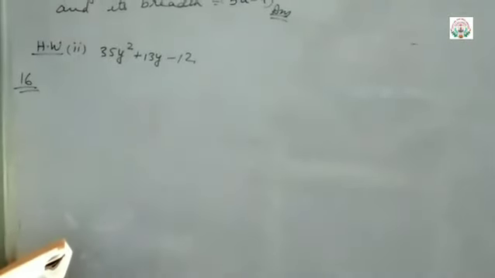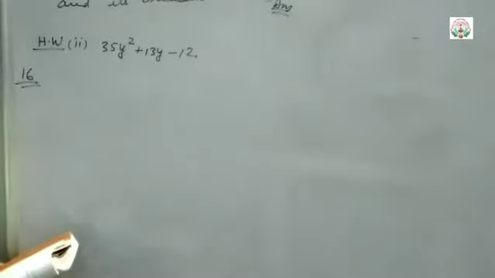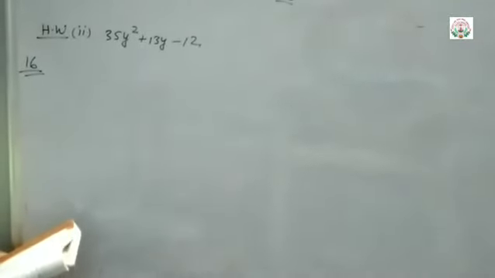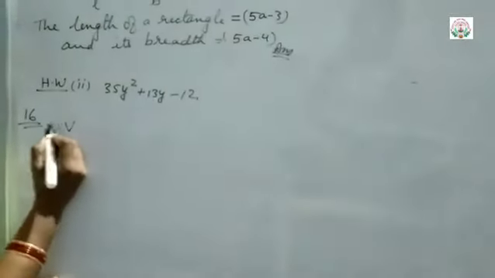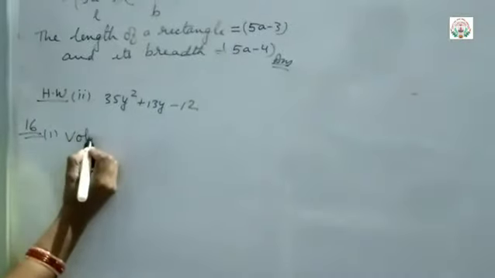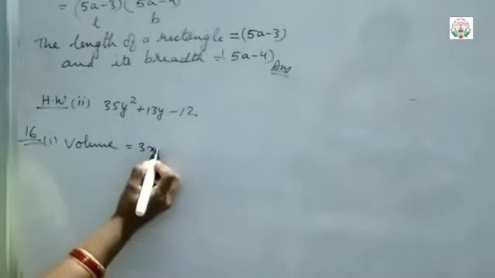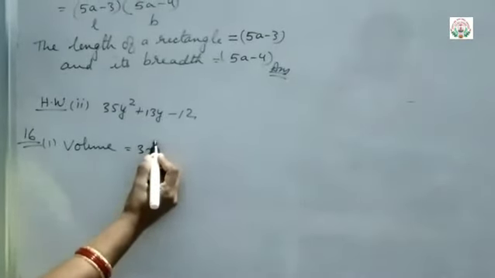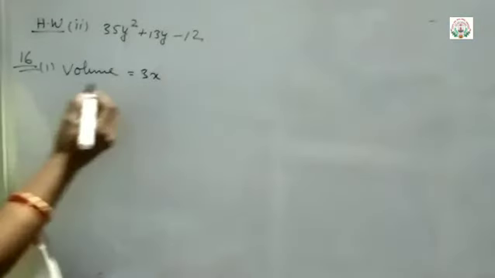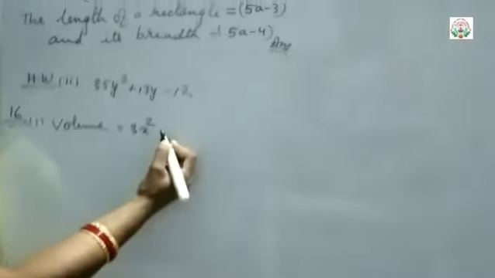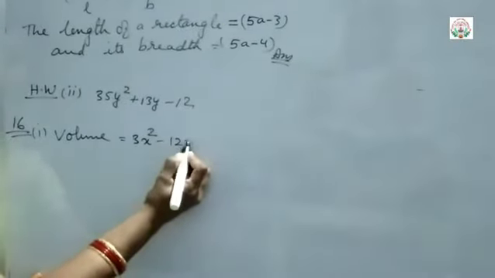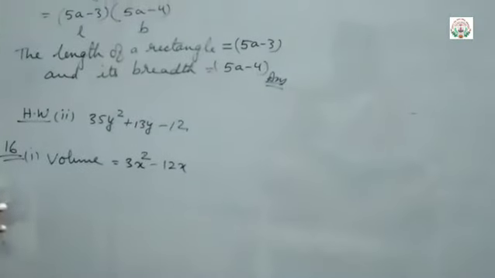Cuboid means whose length, breadth and height are there. Okay, so volume is given. Volume equals, first one, what is given? Volume equals 3x square minus 12x.